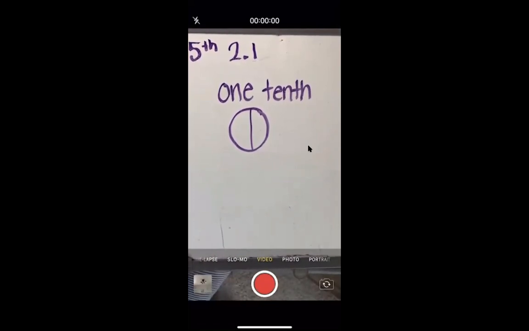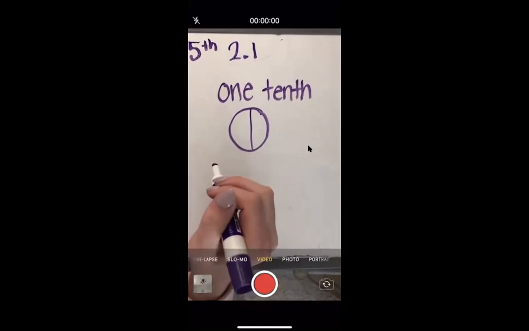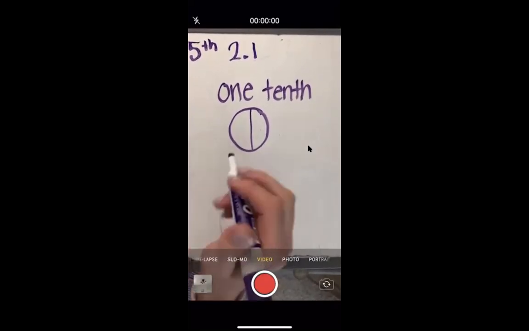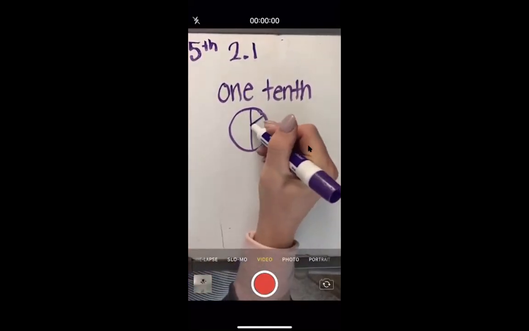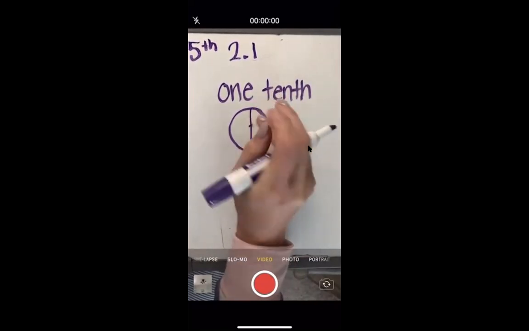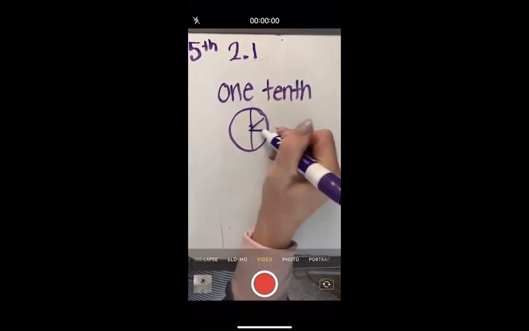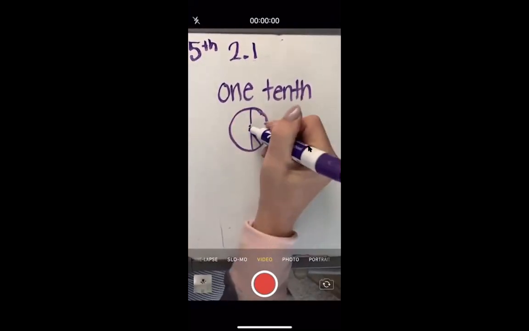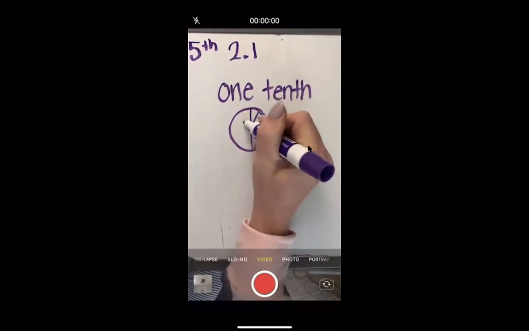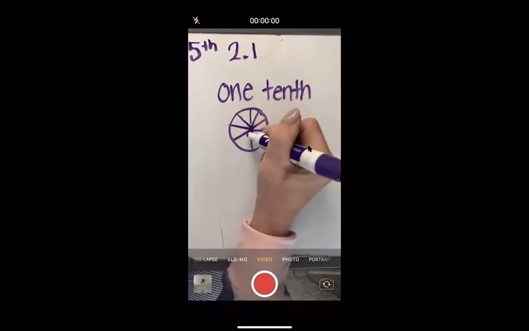So now, you know how 10 equals 1 times 10? Well, you can think of that kind of shrunk down as 0.1 times 1. You shrink it down by dividing it by 10.